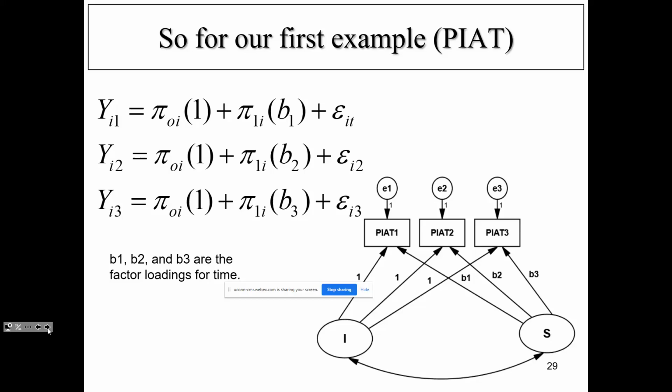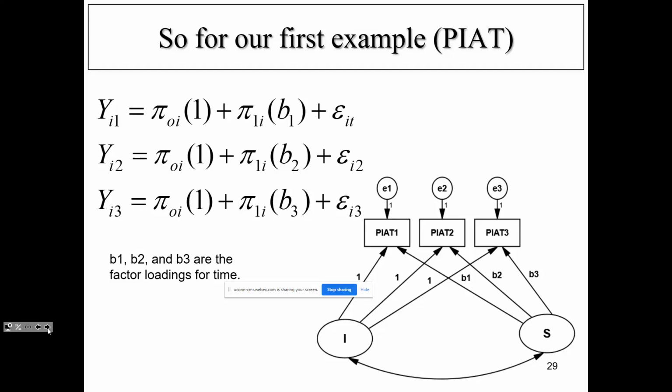Analogously here, if a variable is exogenous, I'm going to estimate a mean. So I'm going to estimate a latent mean for the intercept and a latent mean for the slope. Those are two exogenous variables, two pieces of mean information, not variance information.